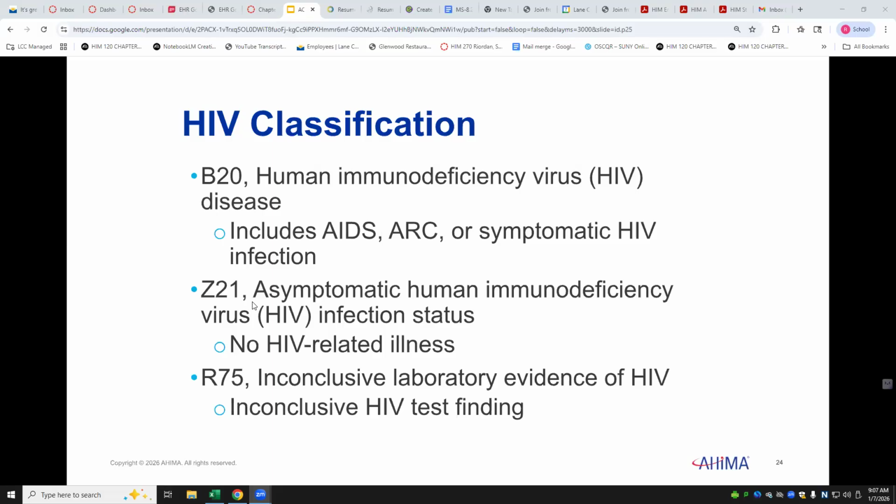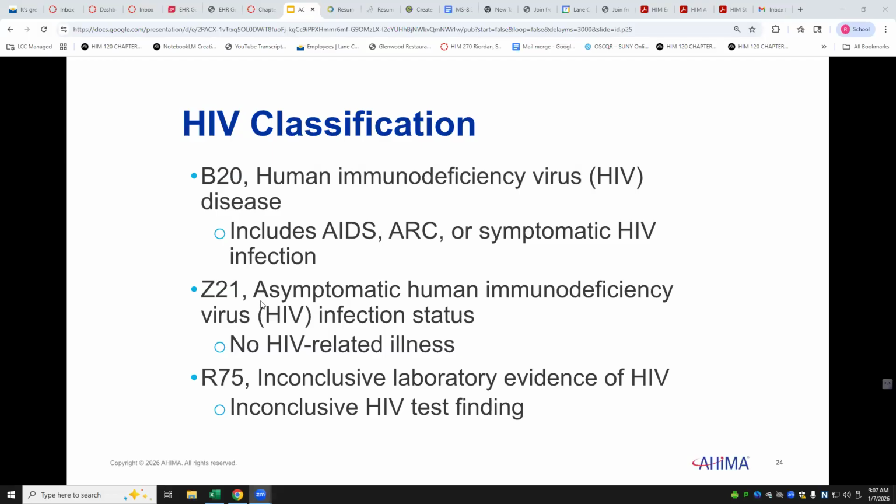In other words, they show positive for the virus, but they don't have any HIV-related illnesses. R75 is inconclusive laboratory evidence of HIV. So, in other words, the test doesn't say whether they do or do not have it; it's inconclusive.